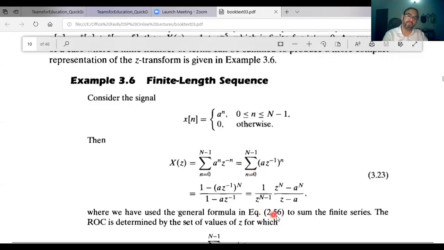Using equation 2.56, where we saw how a geometric series can be summed if it is going from 0 to a finite value N minus 1, what you get is 1 minus (a z inverse) to the power N over 1 minus a z inverse. This is the final value that you get.